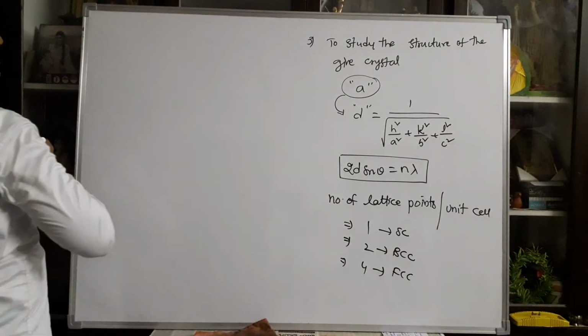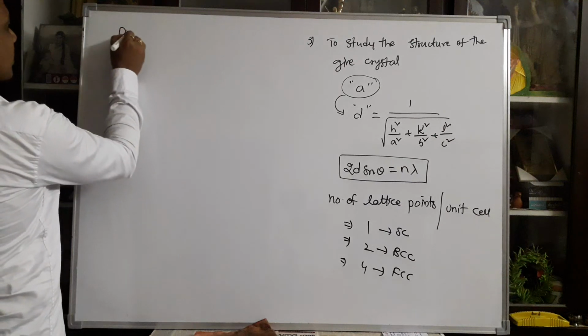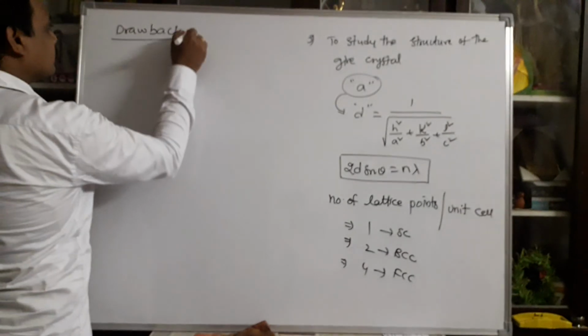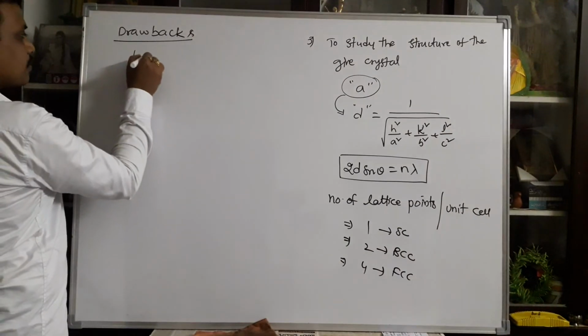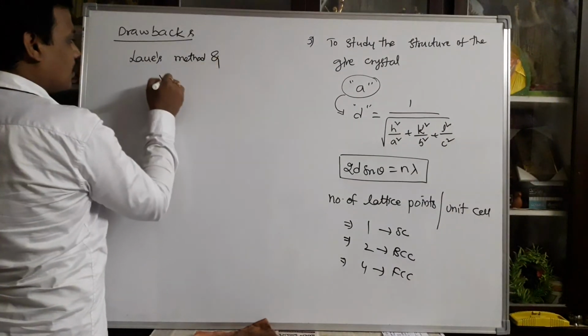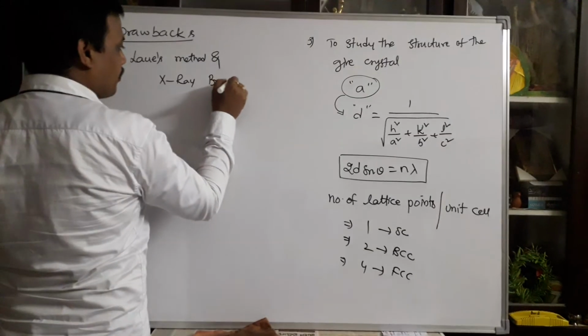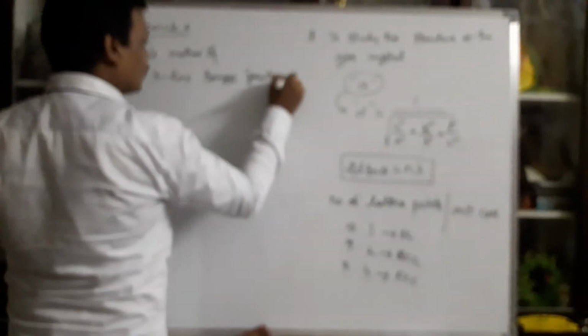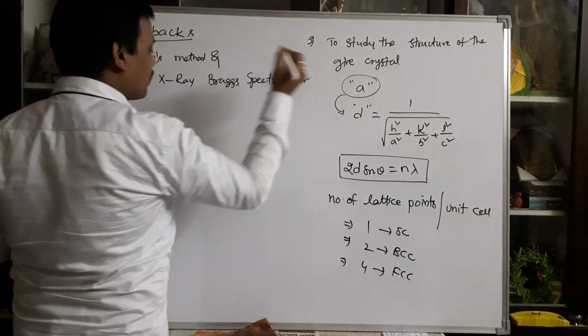What are the drawbacks? Particularly, in these two experiments, Lay's method and the X-ray Bragg's spectrometer, there are drawbacks.